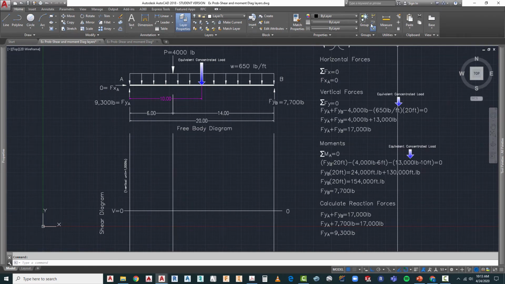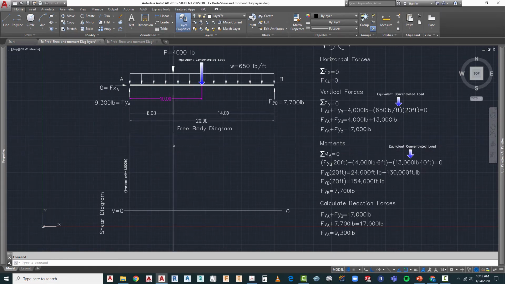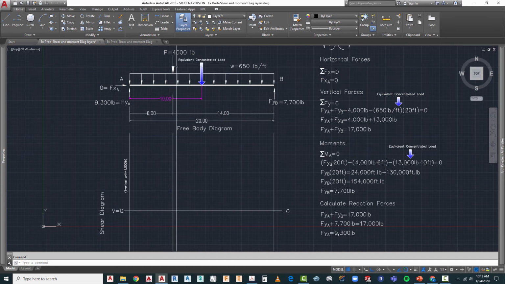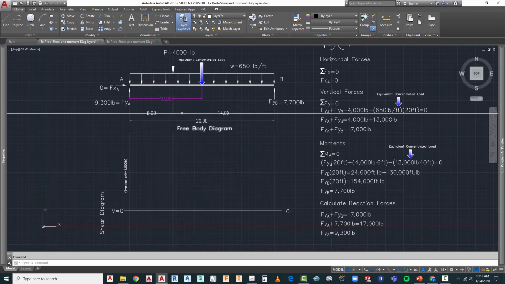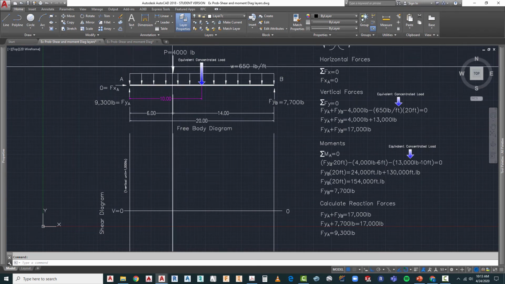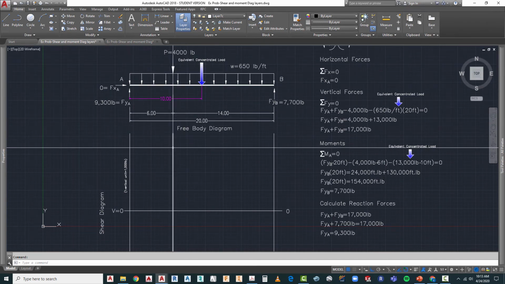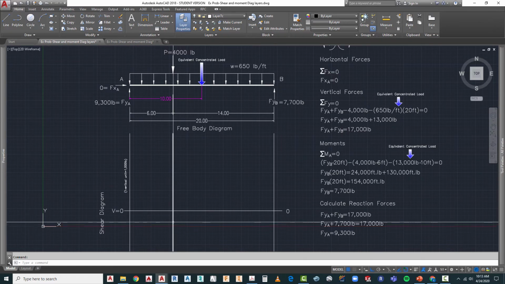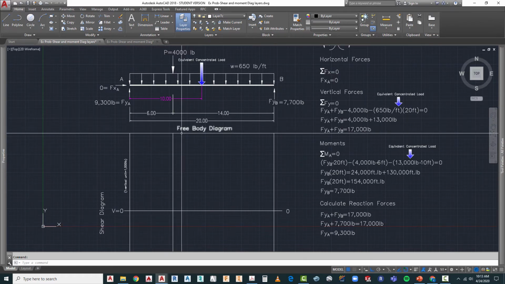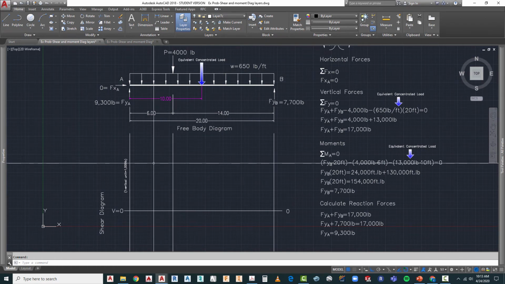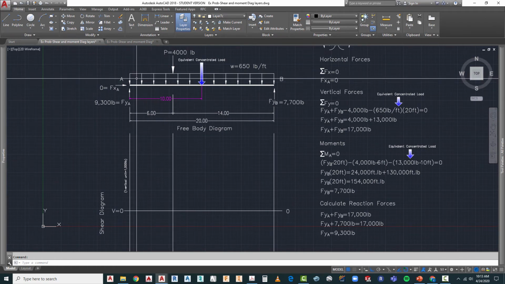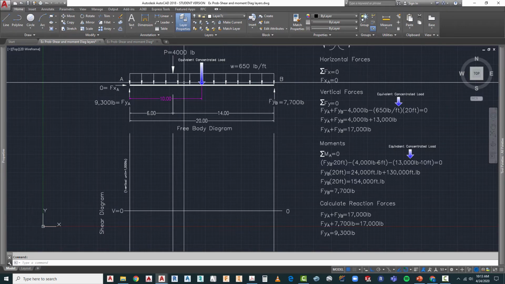The next thing we need to do is indicate guidelines of where any critical point might be occurring on the shear diagram. Now we have that concentrated load, which is located right here, and we've indicated that with this line right in here at 6 feet over. Now we're not going to use our equivalent concentrated load, because in our shear diagram we want to represent this distributed load exactly as it is.